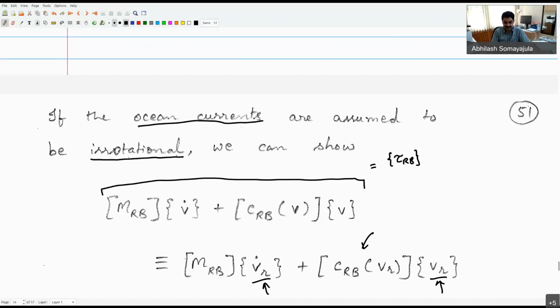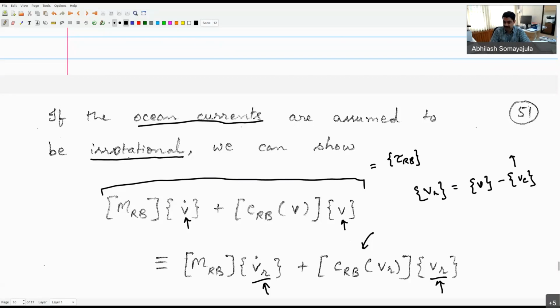Given that, I want to replace these velocities by the relative velocity of the craft, which is the velocity of the craft minus the velocity of the current.